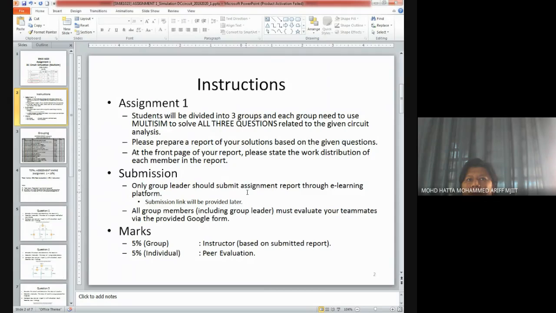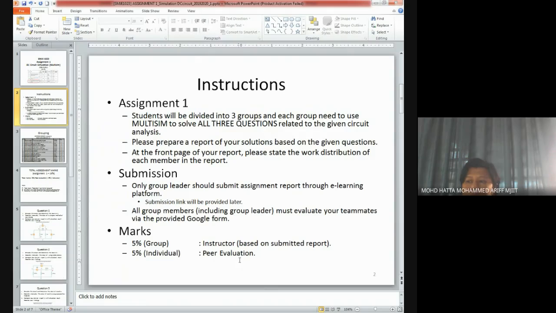One thing which is very crucial over here is the evaluation. The peer evaluation means that you need to evaluate your teammates, your group members, in order to gain marks. So in general, the marks for this assignment is about 10%, or 10 marks, where 5 marks will be from me. I will evaluate your report and your simulations, and another 5 marks is based on peer evaluation.